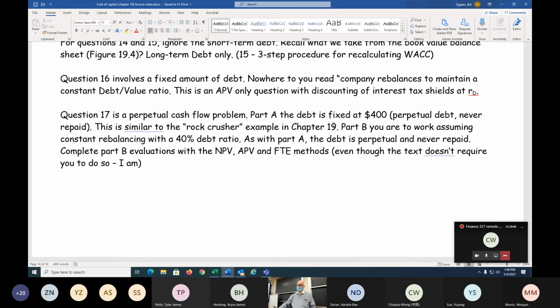That's part A. Part B, I want you to rework the problem, but use a constant debt ratio of 40%. So that's the example of perpetual cash flows that we did with a constant debt to value ratio. We've done something like every one of these. It's a little bit of work, but you've done it. If you followed me at all and you can just take the examples and apply them to the assignment, you should be fine.